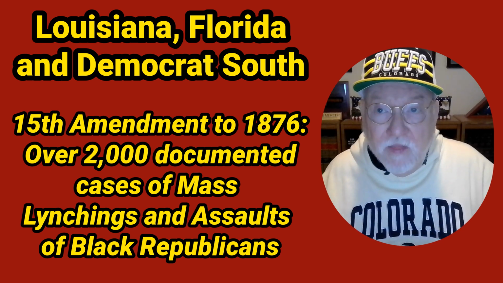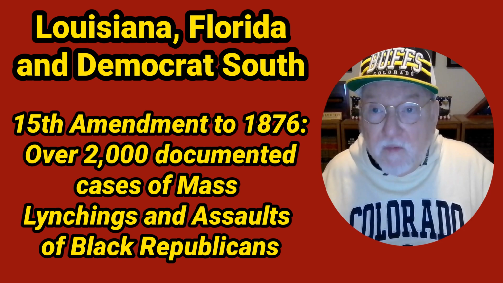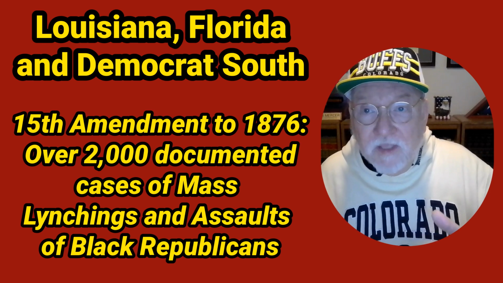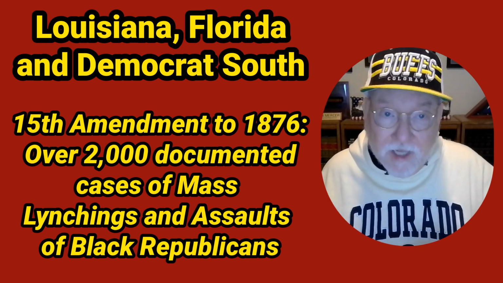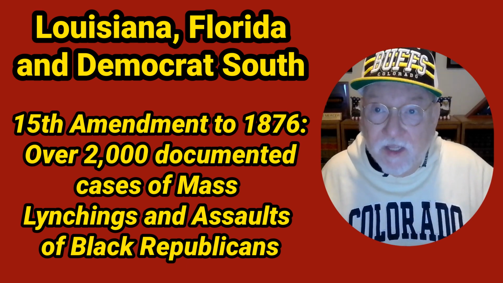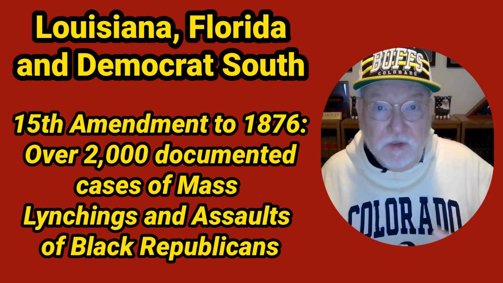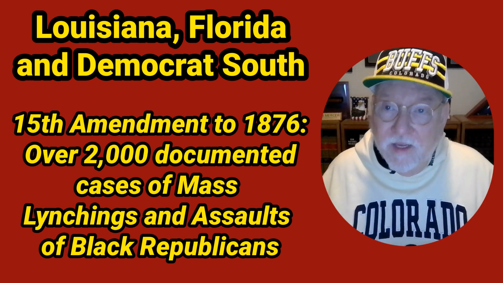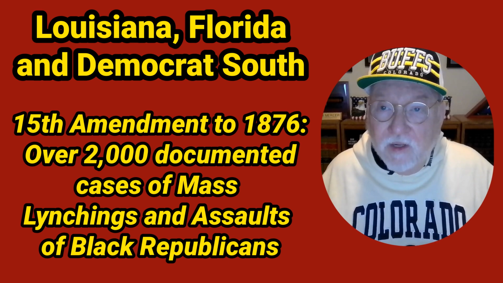And I got to tell you, that's considered to be a very conservative number because people were so much in fear, they would not even report. Imagine how bad it was. You wouldn't report someone who was lynched or murdered, or someone who was assaulted, or your home burned down, your business burned down. Again, those 2,000 is considered to be a very conservative number.